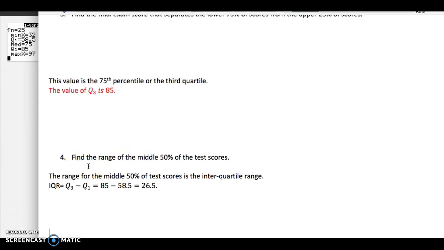And the last question, find the range of the middle 50% of the test scores. Well, the range, we know from the previous section, is the difference between the highest and lowest number. But we're not talking about the range of the entire data set. We're talking about the range of the middle 50% of the test scores.